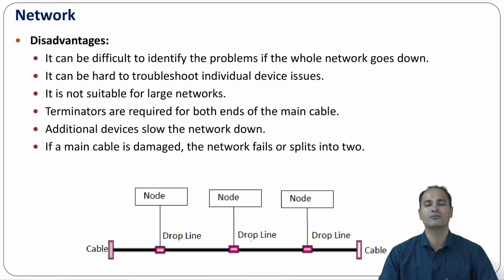Terminators are required at both ends of the main cable. Additional devices slow the network down. If a main cable is damaged, the network fails or splits into two networks. If it is damaged in the middle, the whole network is affected or divided into two networks.